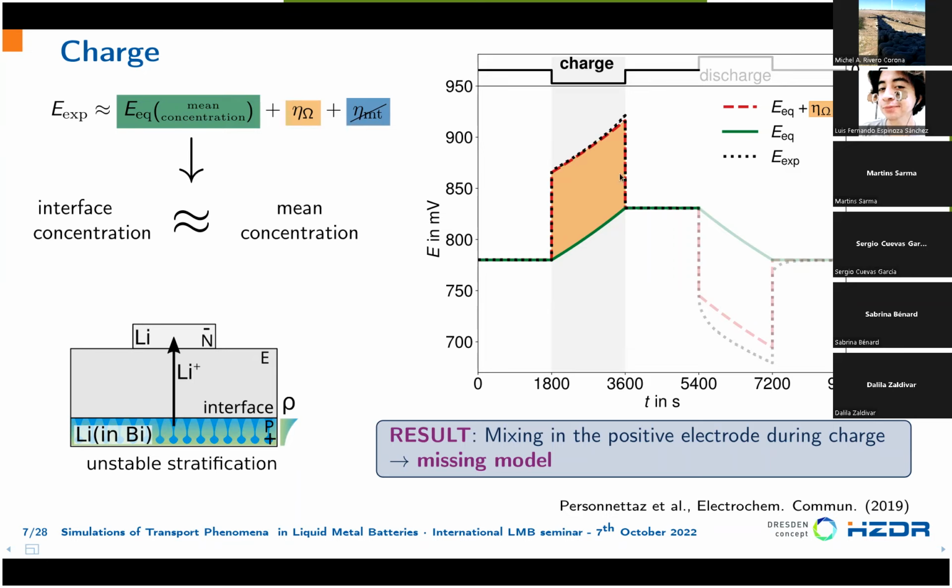The red line is the sum of the two terms, and the black dotted line is the experiment. And from this result, the interface concentration and the mean concentration are the same.